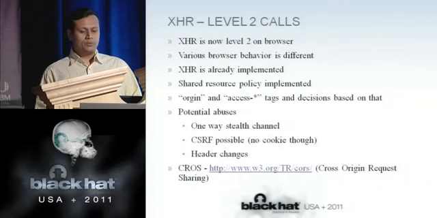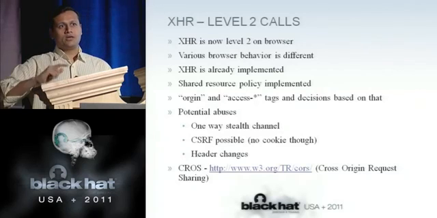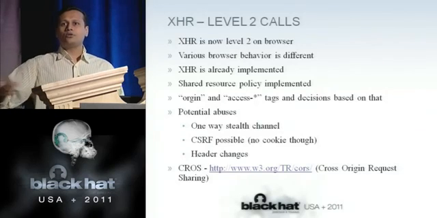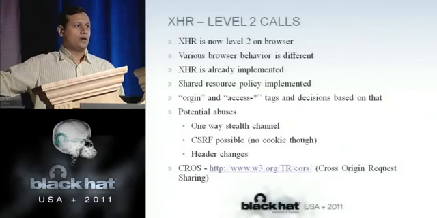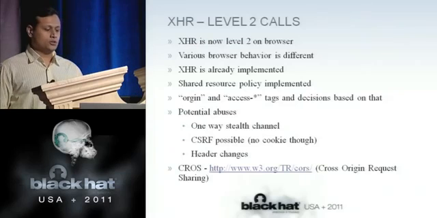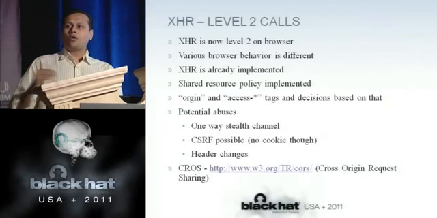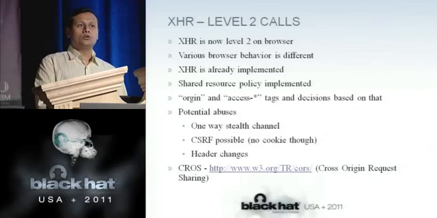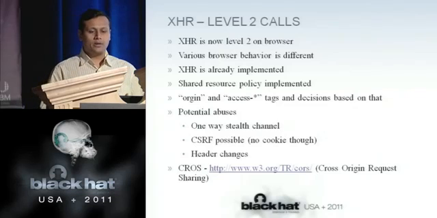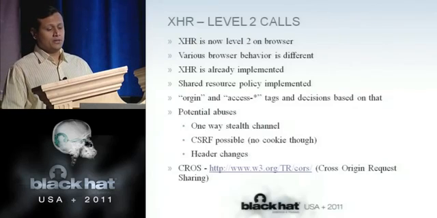But one potential abuse here is that it allows you to do a one-way channel, because that particular call is going to go on the wire to a cross domain, and then the domain will decide whether to send the content back to the browser or not. And some browsers will actually take the content but will not load it into the DOM. That's how the whole mechanism of XHR level 2 has been implemented.